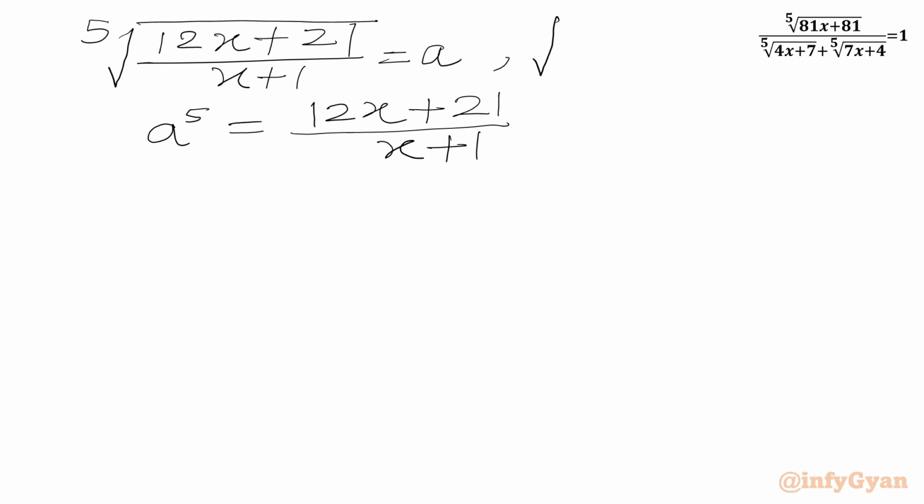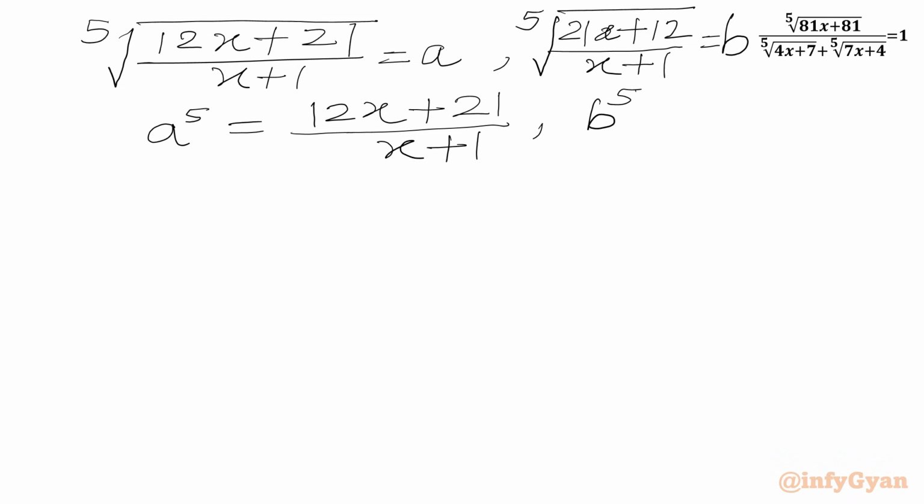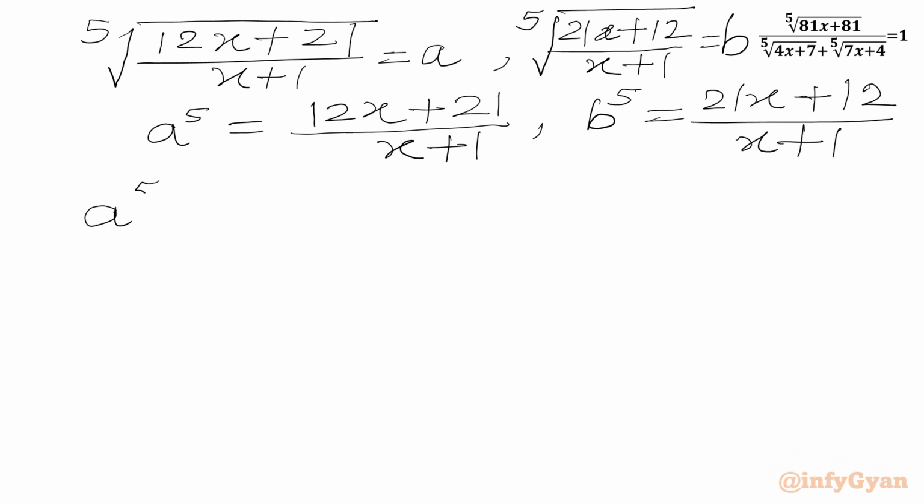Similarly, fifth root of 21x plus 12 over x plus 1. If this is equal to b, then we can write b power 5 will be equal to 21x plus 12 over x plus 1. Now we'll be adding a power 5 with b power 5. We will get common denominator x plus 1.